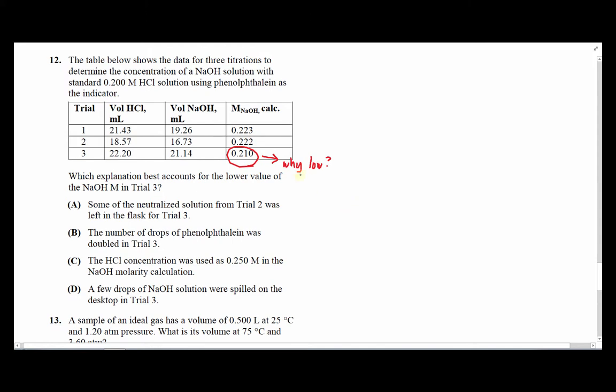To illustrate it, let me first draw the apparatus or lab setup of the titration. So you have this titrant, and usually you use the burette for the accurate volume, and in the titrant we have hydrochloric acid, and then we have a flask.